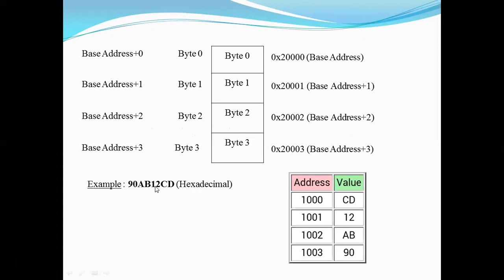Next is 12, which is stored in the next memory address, 1001. AB is stored in 1002. And the most significant data is stored in the most significant address, that is 1003. In the embedded system, most of the systems are usually of little endian format, right?